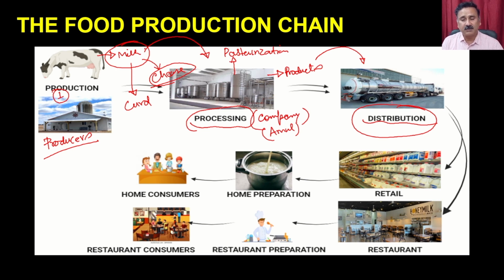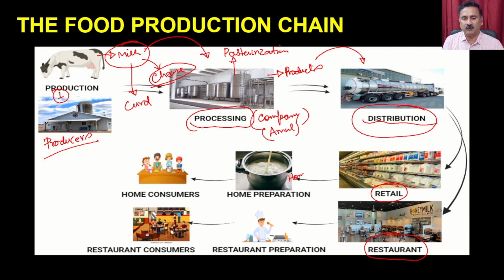What the distribution unit is going to do is distribute the material either to shopping malls like retail shops, or to the restaurant, right? Both are places it is going to be used. And from these places, it is going to come to your home, right?